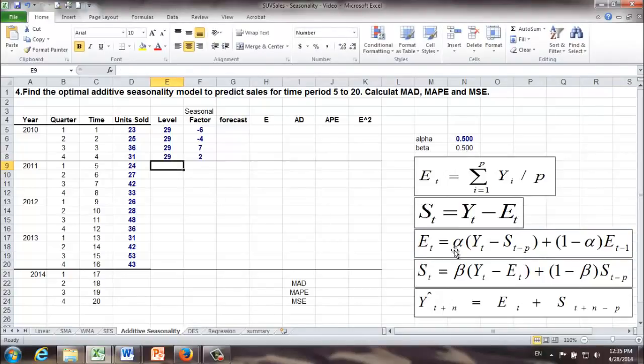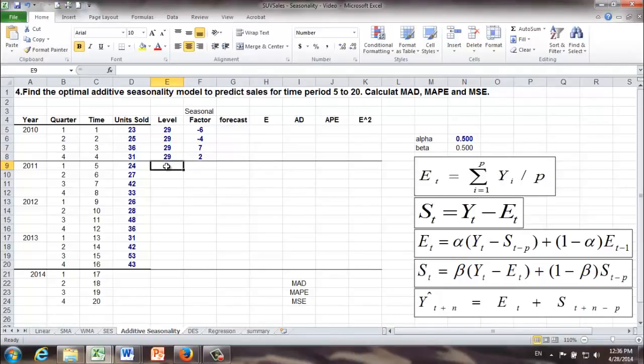How are we going to do that? We're going to use this formula, but in this formula, we have a parameter called alpha. Once again, we don't know what the alpha value will be. So for convenience, we pick 0.5. If you want to pick 0.6, go ahead. In the end, we're going to use Solver again to find the optimal values for alpha and beta later on. Okay, let's see how it works.